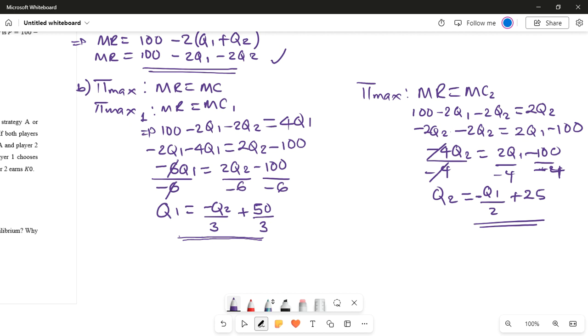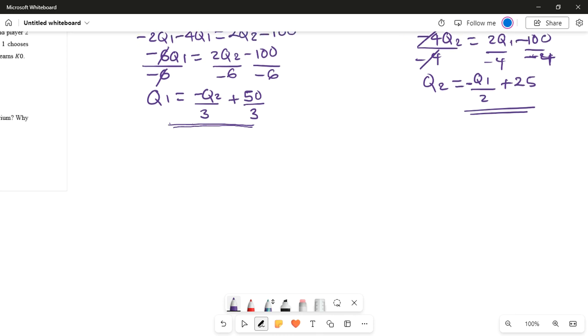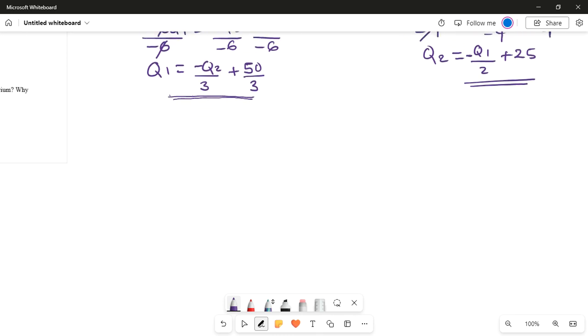But the statement is asking, can we get the actual output values? Let me squeeze that a bit. So for us to get the actual values that will maximize profit, since we have made Q1 equal to minus Q2 over 3 plus 50 over 3, we can substitute.